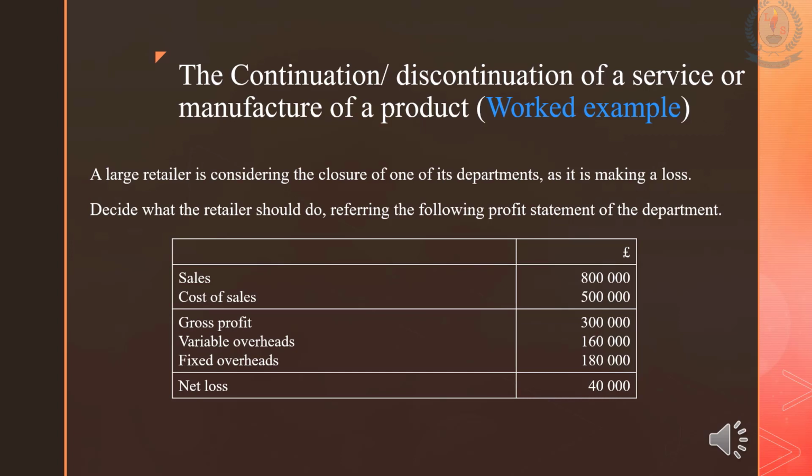When a business is deciding whether it should stop supplying a product or service, it is effectively deciding whether a department should be closed. Again, it is the marginal costs that are considered when making the decision.